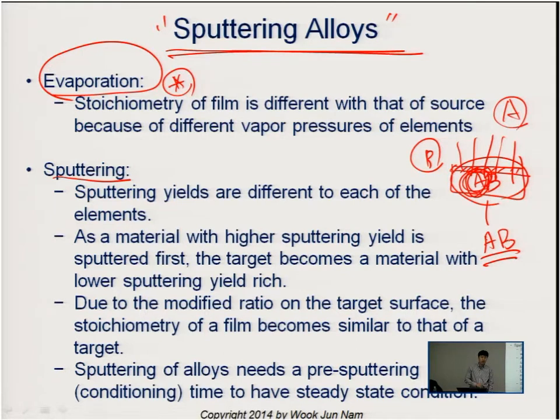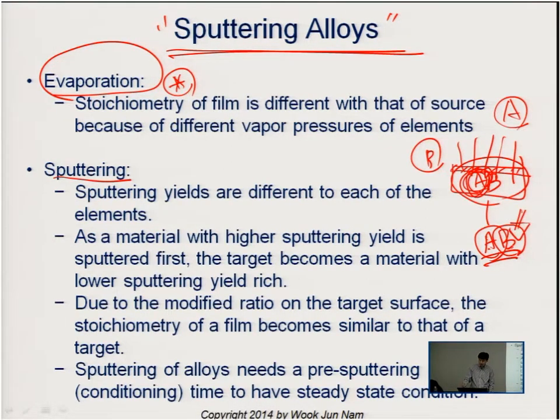So under the same sputtering conditions, the sputtering yield between A and B becomes 1 to 1, because the concentration of B on the surface of the target is much higher.